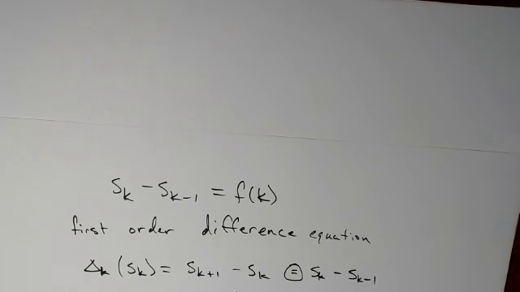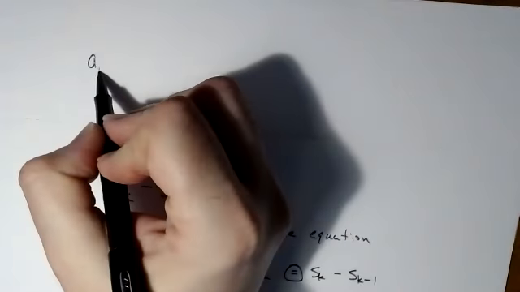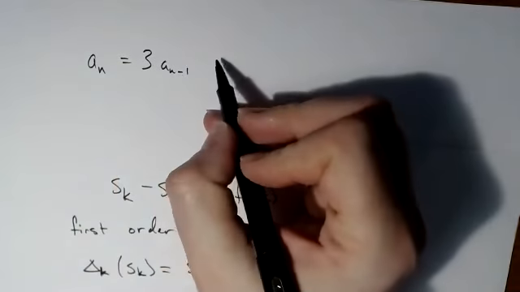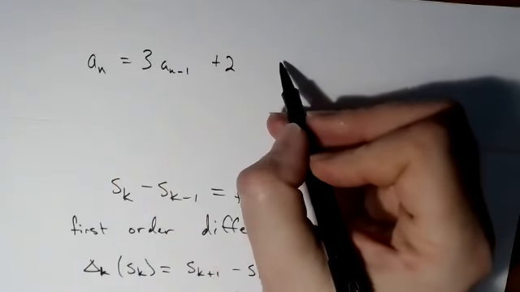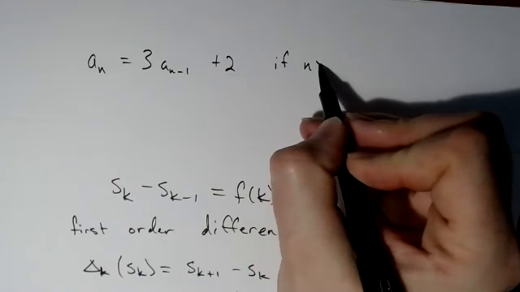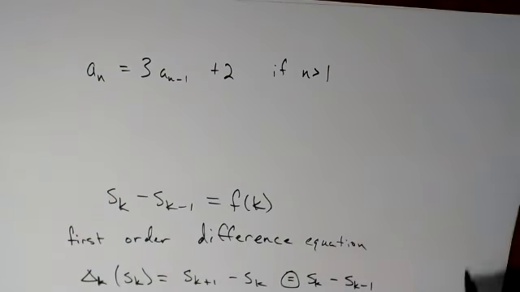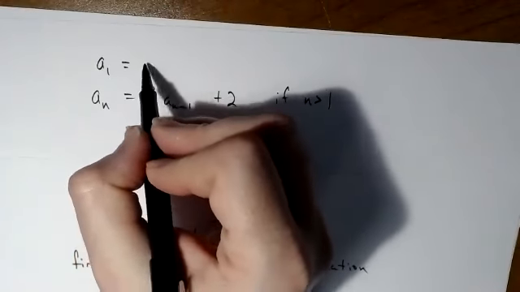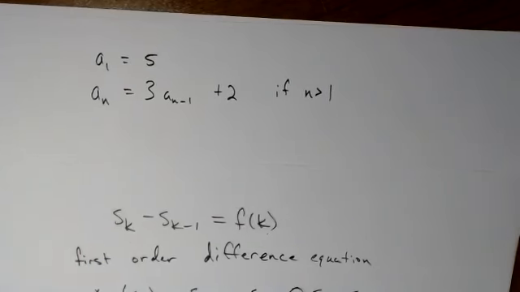So let's see, example 4.4. We have the recurrence a_n equals 3a_{n-1} plus 2 if n is greater than 1. And we have a_1 equals 5. We're asked to find a_5 plus a_6.